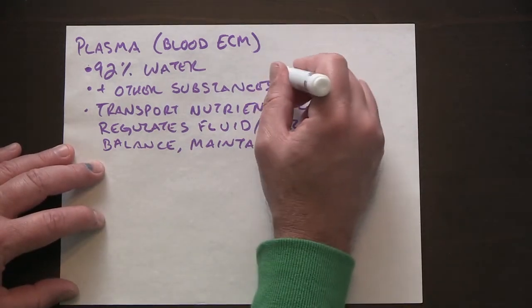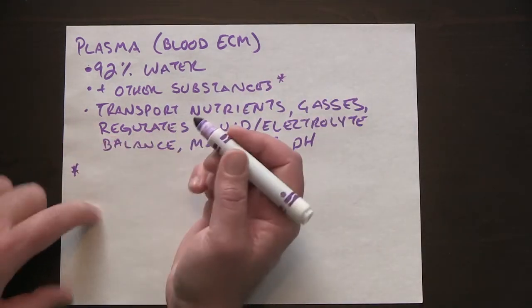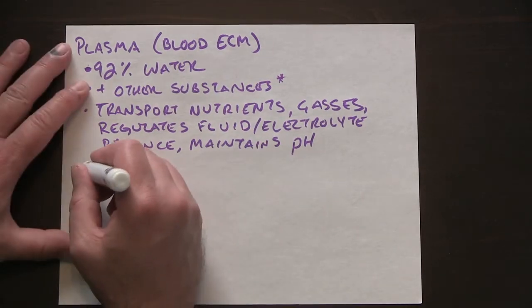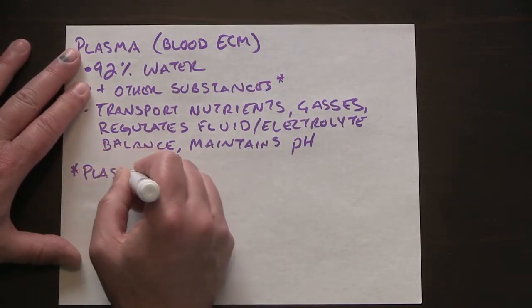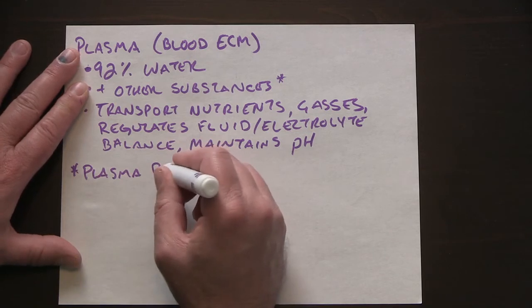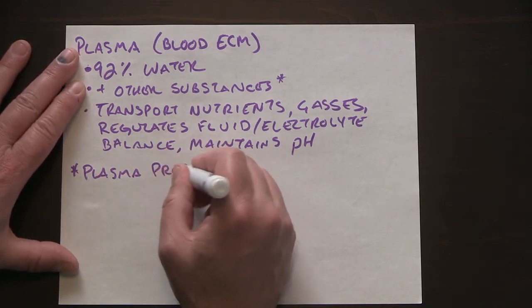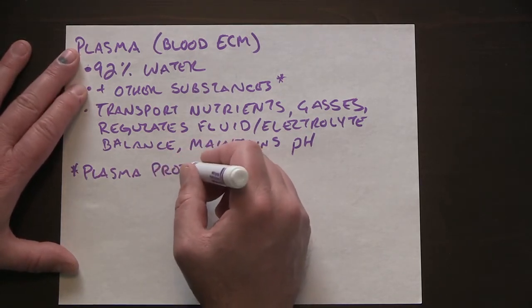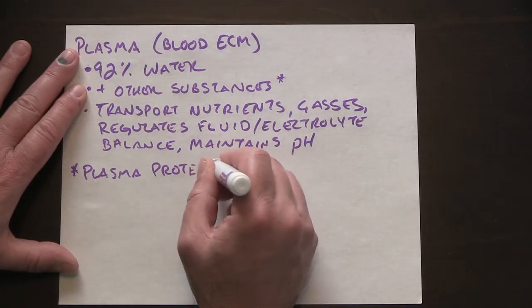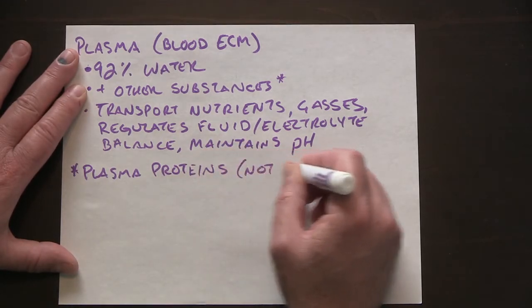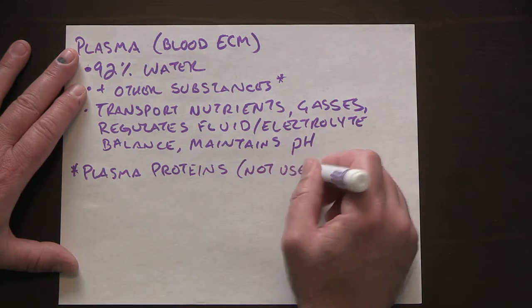So other substances. These include different types of plasma proteins. And these are not used for energy.